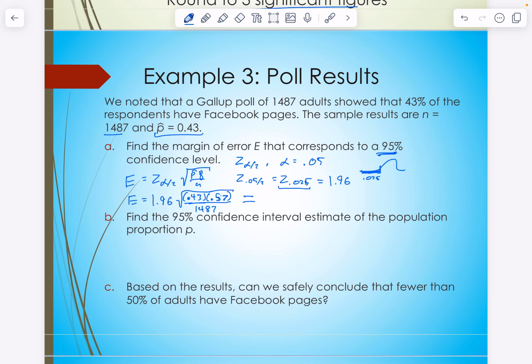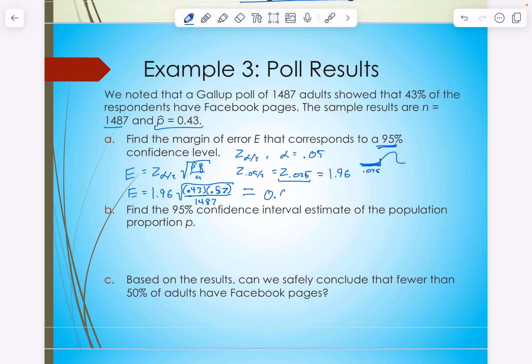I'm much quicker at putting this in my calculator than I am using Excel. So I'm just going to do that. 1.96 times the square root of 0.43 times 0.57 divided by 1487 equals 0.02516. I'll go ahead and go that far.